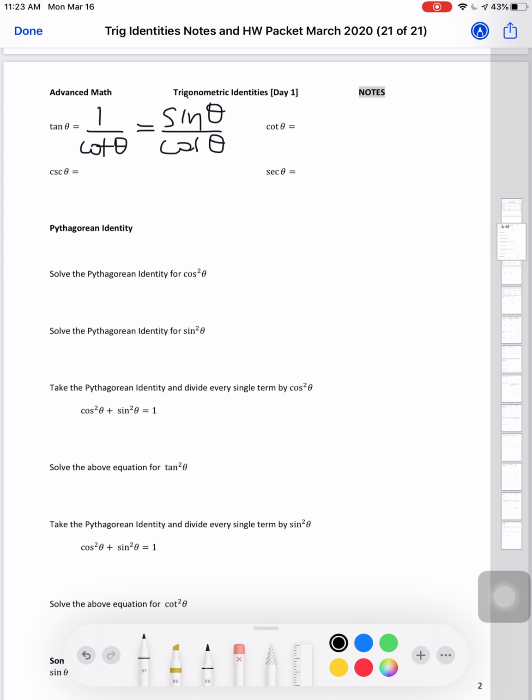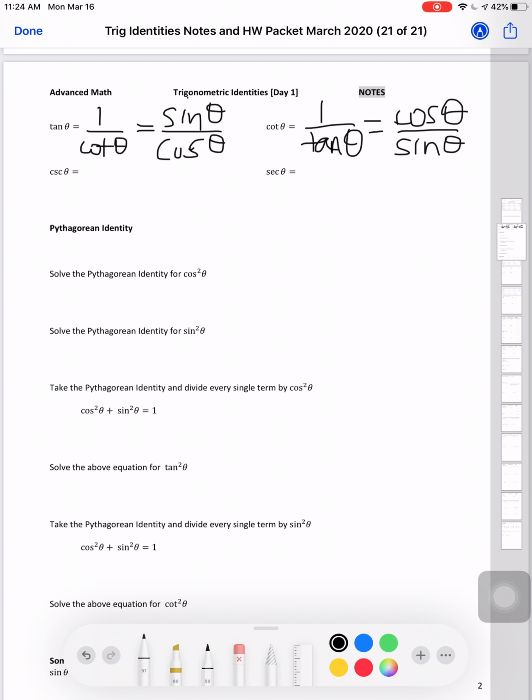Again, these are coming straight from your identities that are written above, and it will be important for you to know how to use them as we move forward. Then the cotangent would be 1 over the tangent because those two are reciprocal functions. And then that would be cosine over sine.